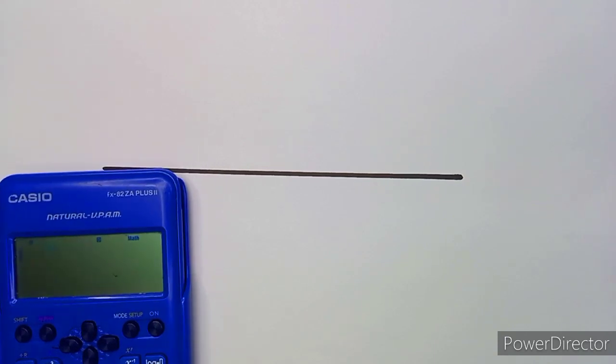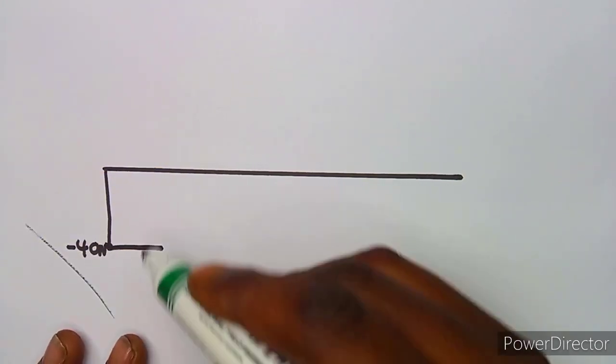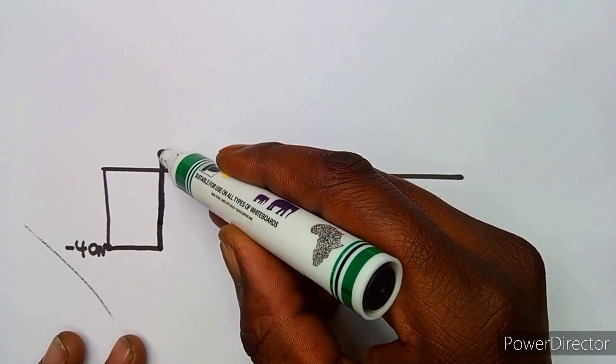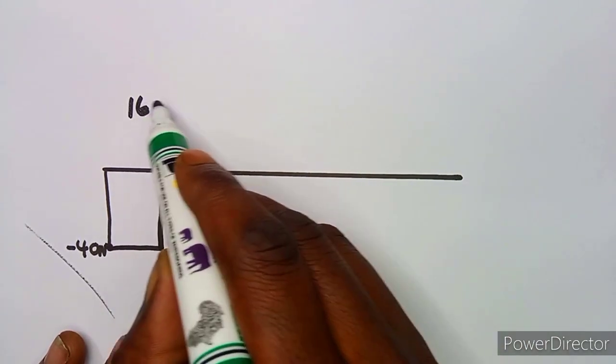So it's minus 40 plus 56, because it's going upwards, which is 16. So it's upwards until 16, and you can indicate something like this. So this is at point 16.